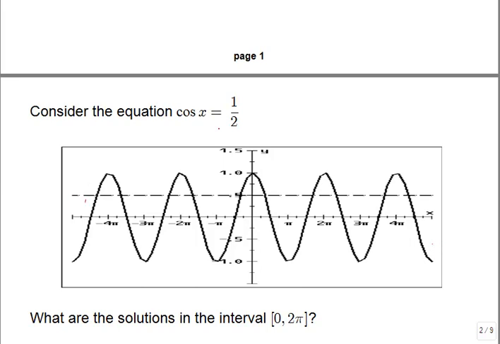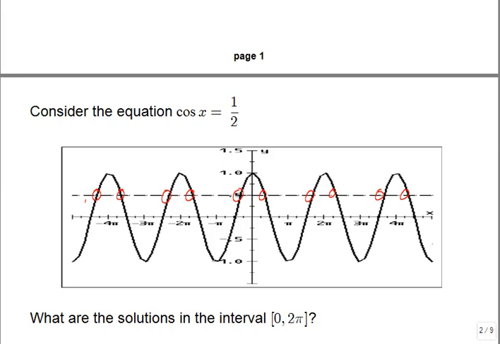And if you look at 1/2, that's this horizontal line going across right through 0.5. So how many intersection points are there between that horizontal line at a height of 1/2 and cosine of x? Well, just within this window, we have 2, 4, 6, 8, 10 different solutions, but obviously you can see that there's going to be an infinite number of possibilities as we continue on.